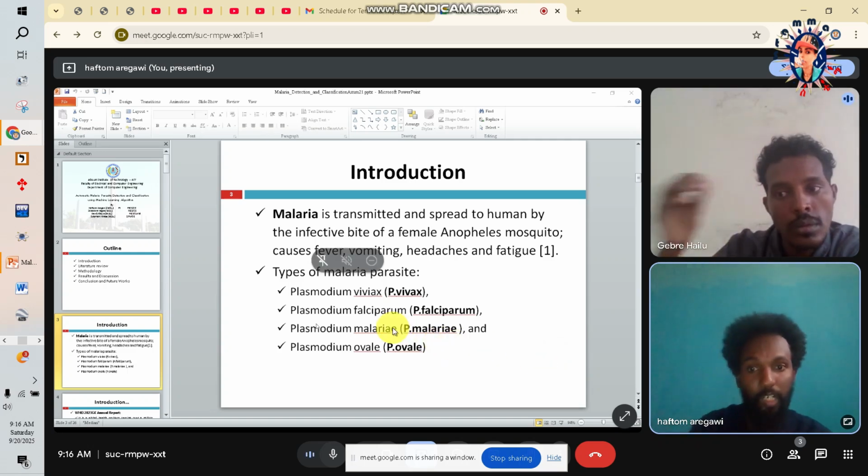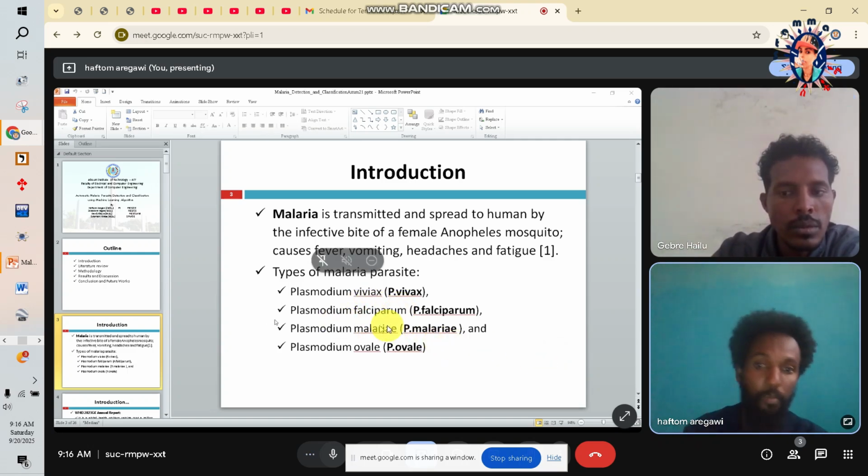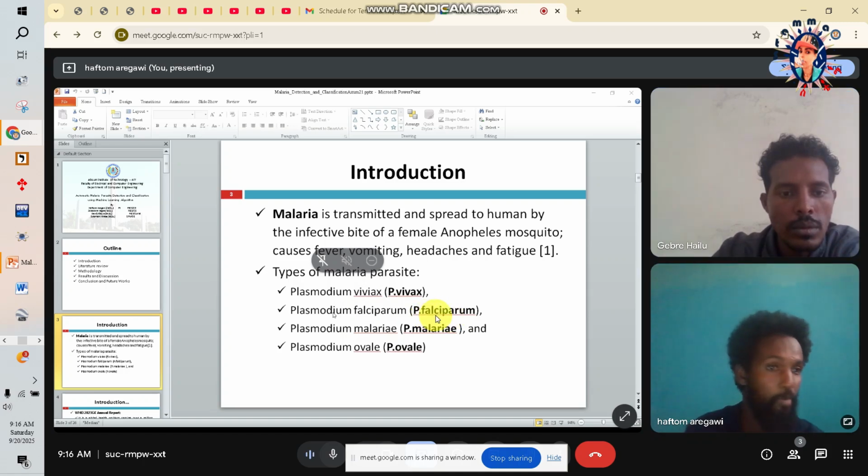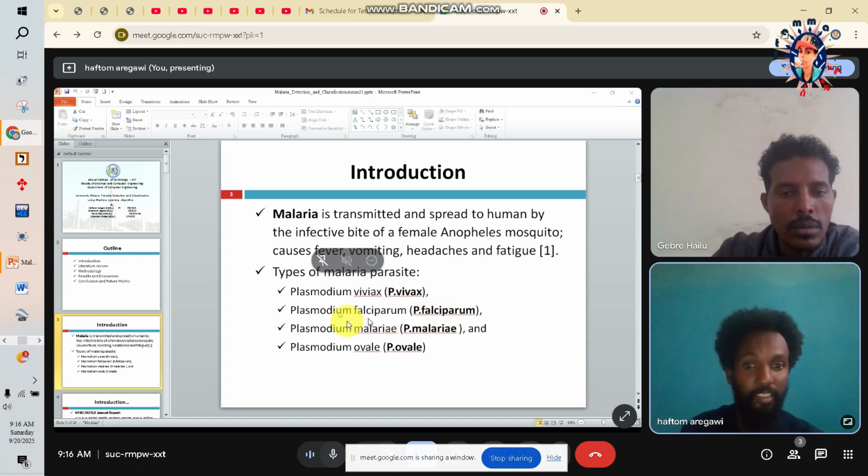The first is Plasmodium vivax, then Plasmodium falciparum, which mainly happens in developing countries, especially in Ethiopia, and causes disease in hundreds of thousands of people. Then Plasmodium malariae and Plasmodium ovale.